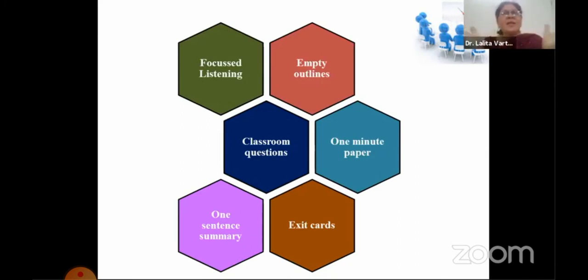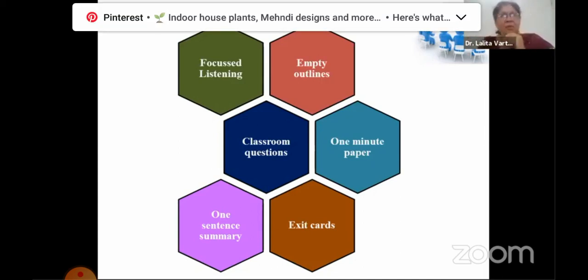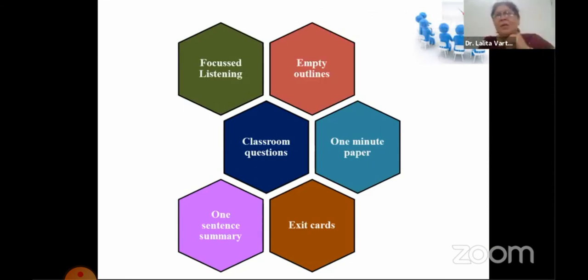I would say it's a different kind of brainstorming or trying to summarize from the students what they have learned, what they remember, and what they are really able to explain in their own words. So that's a very interesting kind of activity, interesting kind of assessment, or interesting kind of question, I would say, you could ask in your session.